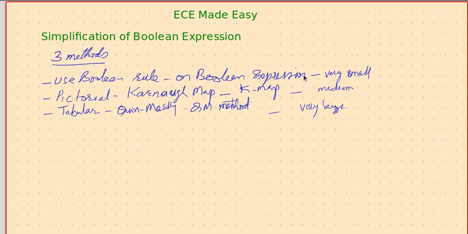If it is too big, then it won't be helpful for us. Then we need to go to the second method, K map, but this also has its limitations. Up to four variables or at maximum five variables we can perceive on one sheet of paper. But if it is beyond five variables, K map is also not possible. Then the only thing left is the QM method.